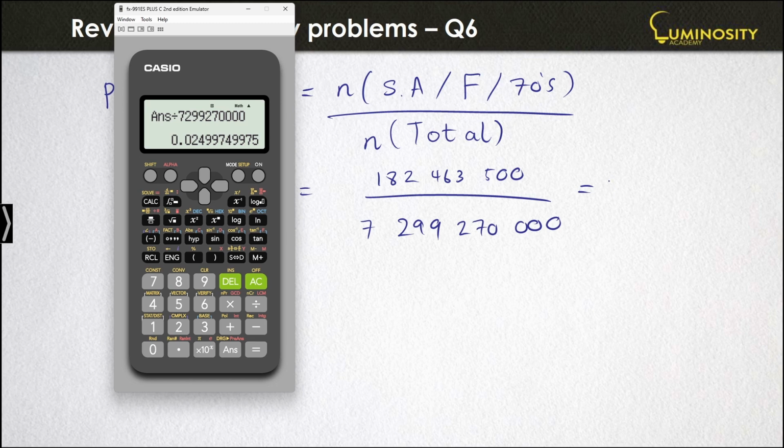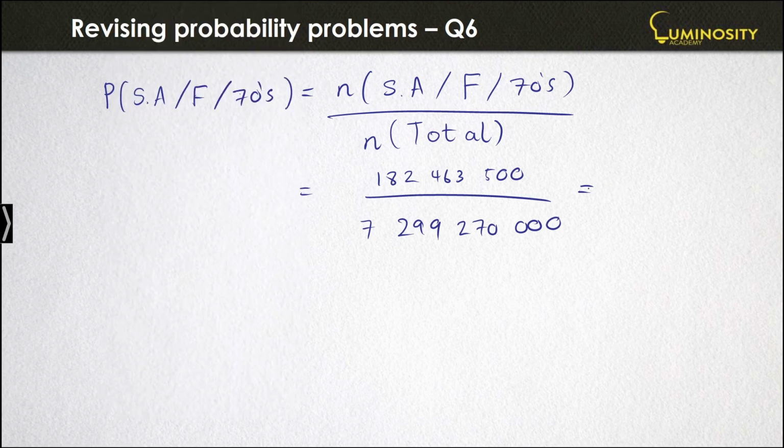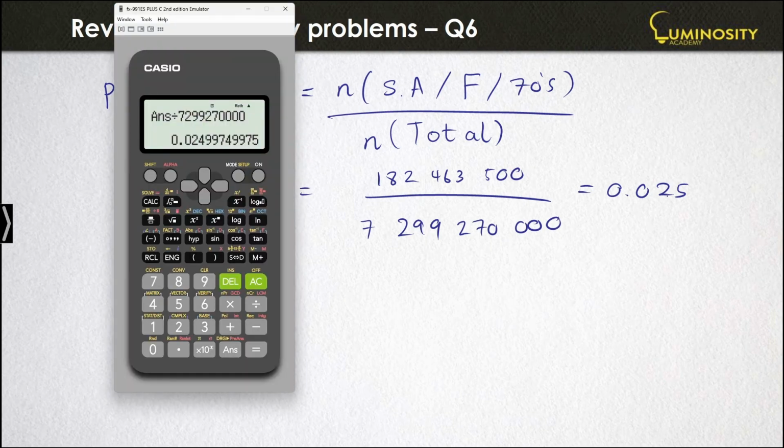If we round off to 3 decimal places, it'll be approximately 0.025. So that means there's almost a 2.5% chance of finding someone who is South African born, female, and born in the 1970s. Okay, so that was the logical way.